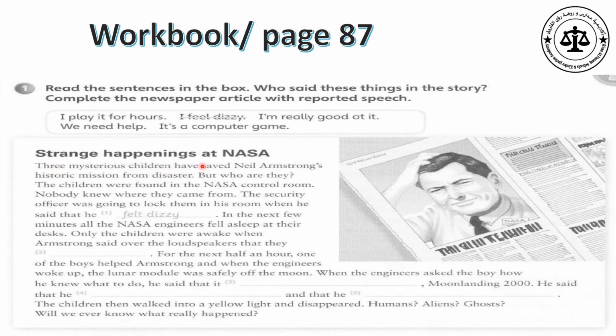Strange happenings at NASA. 3 mysterious children have saved Neil Armstrong's historic mission from disaster. But who are they? The children were found in the NASA control room. Nobody knew where they came from. The security officer was going to lock them in his room when he said that he felt dizzy.